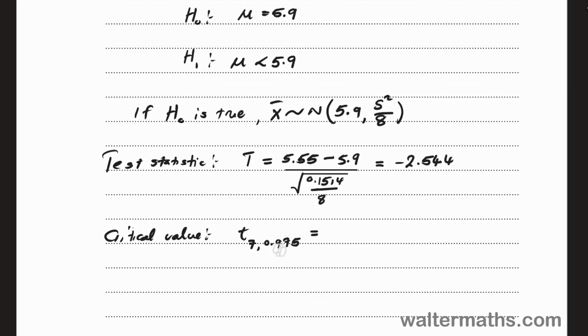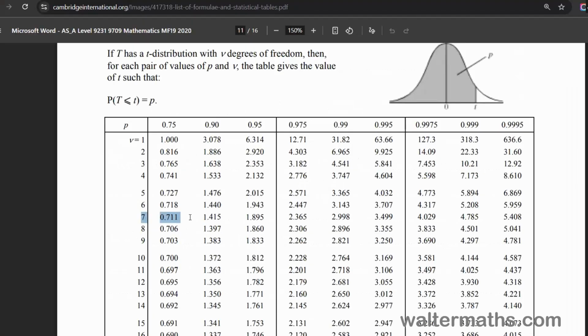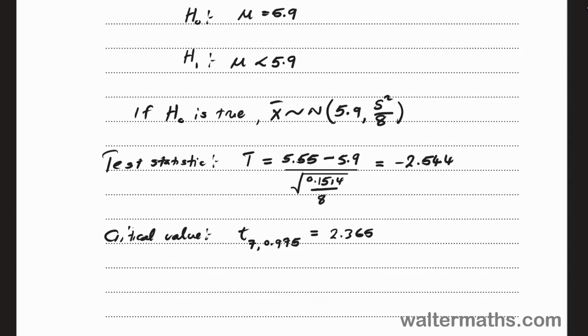So here we're saying 7 degrees of freedom and 0.975. It corresponds to this value here, 2.365. So 2.365 is what we are working with.